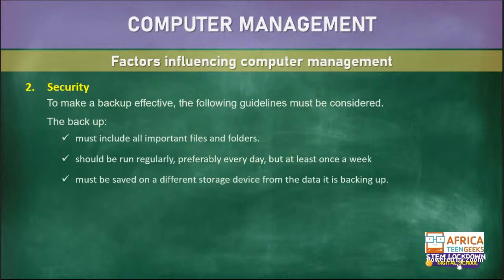You can do backups on OneDrive, on Dropbox, on Google Drive, as long as the files and folders are saved externally. Then that would be a perfect way of backing up your files. It's not secure to have them on the same machine.